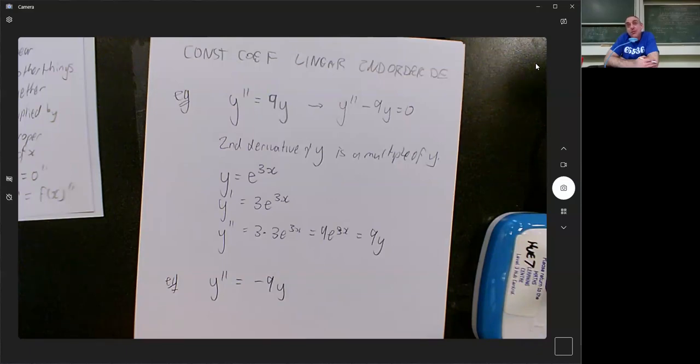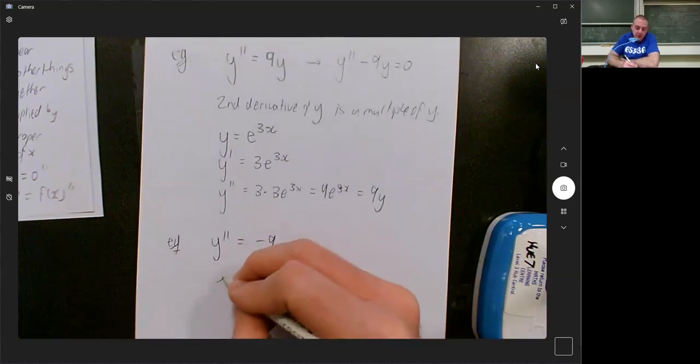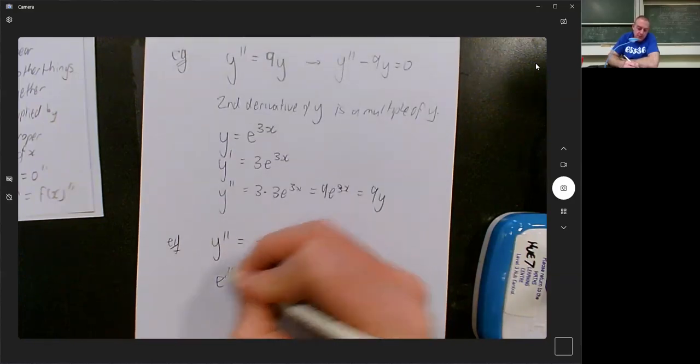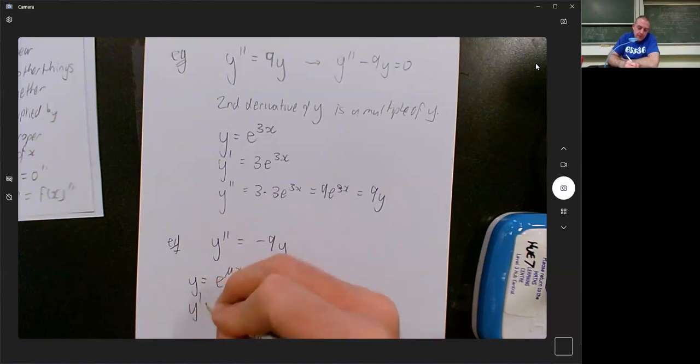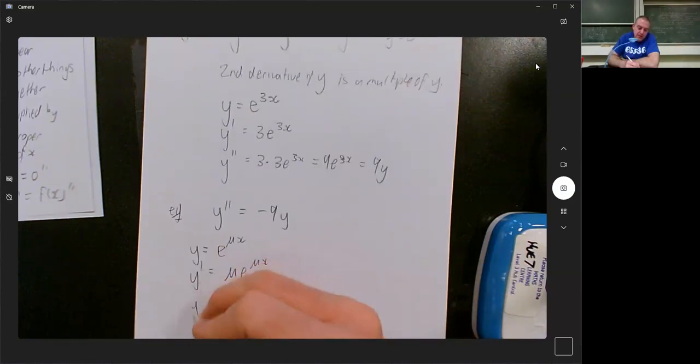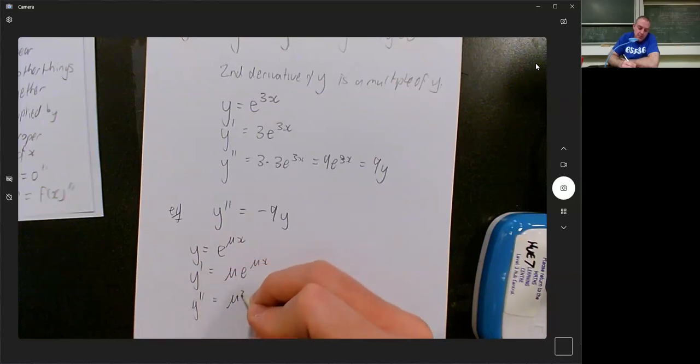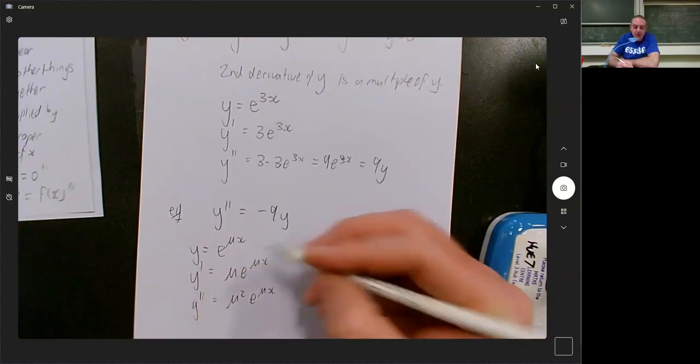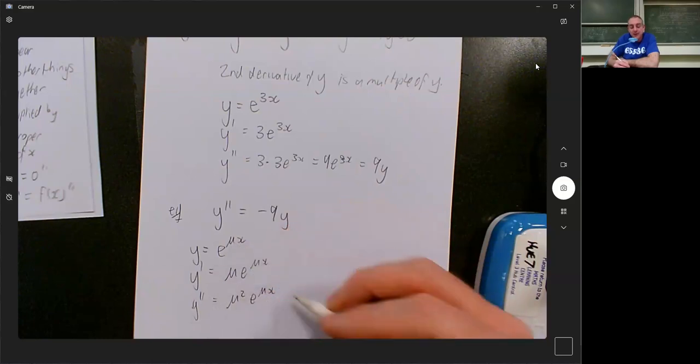And so I couldn't get a negative multiple of the original if it was e to the power of something times x. So just watch this. E to the mu x. Y dash would be mu e to the mu x. And y double dash would be mu squared e to the mu x. Even if mu was a negative number, this would still come out to be a positive.